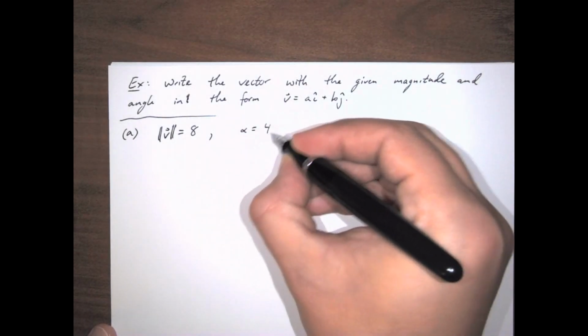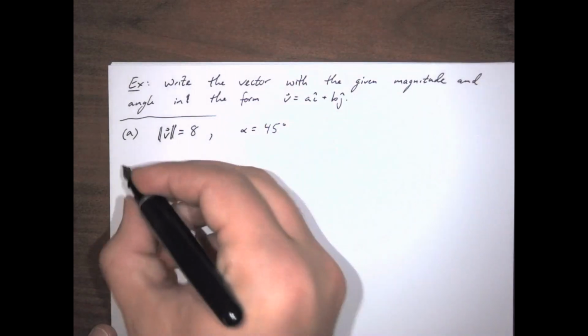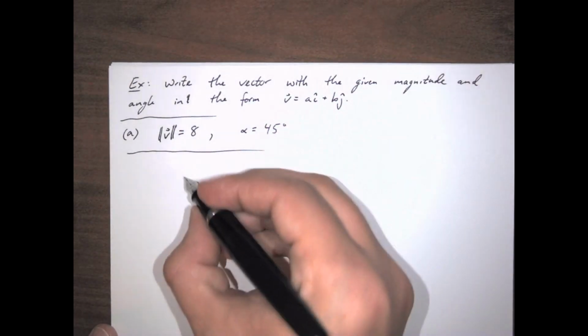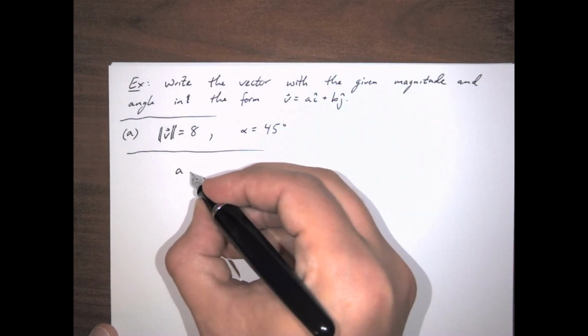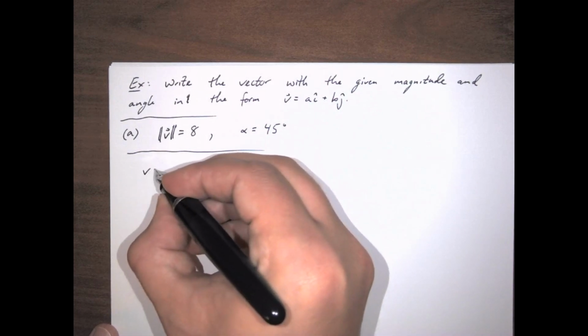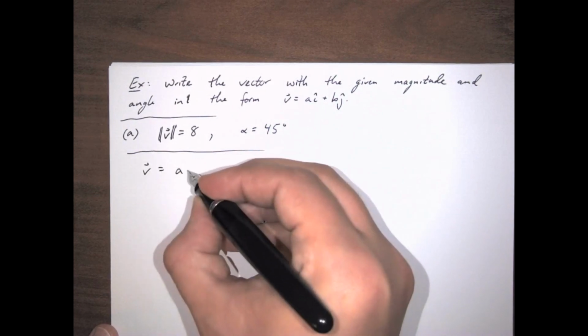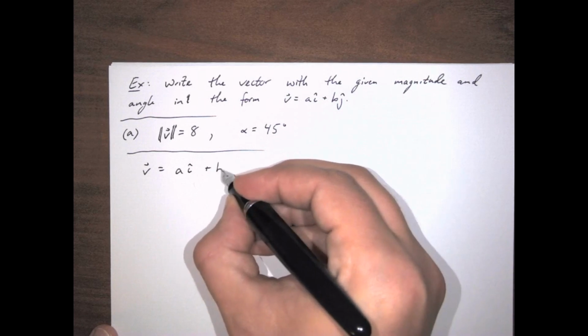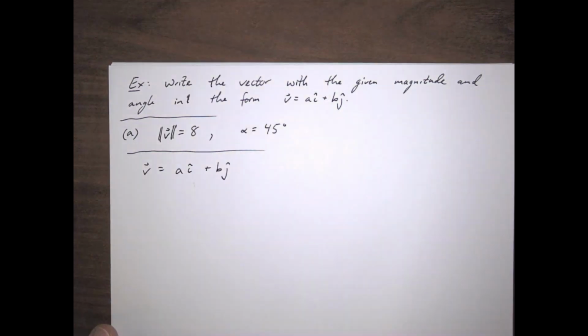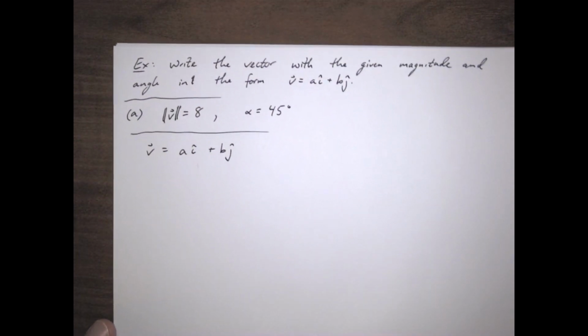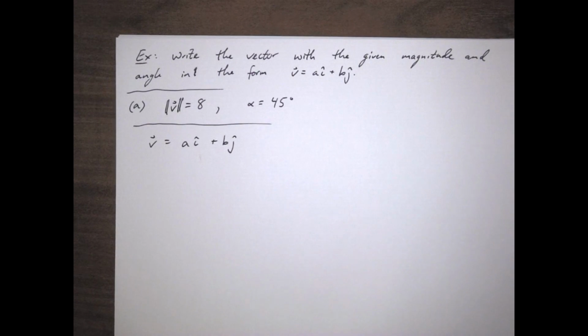Alpha equals 45 degrees. All right. Well, if V is supposed to equal ai plus bj, it means a is playing the role of x, b is playing the role of y.